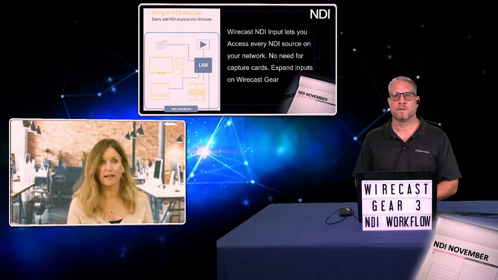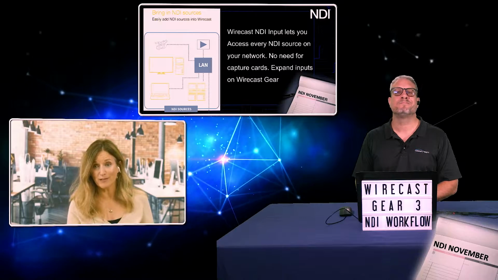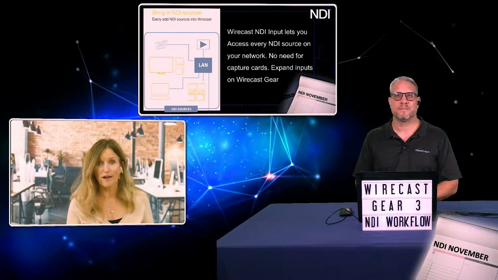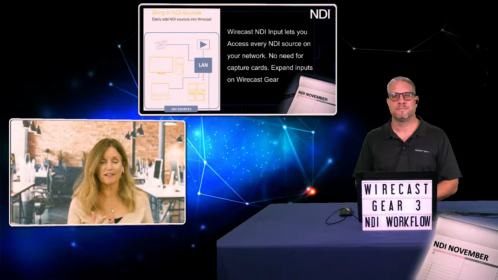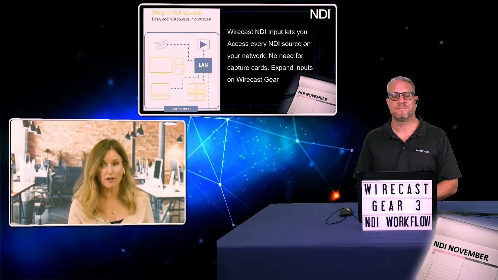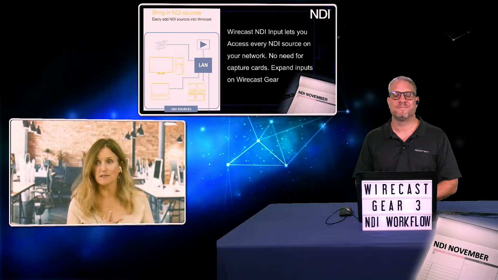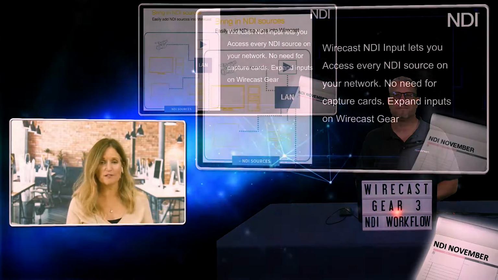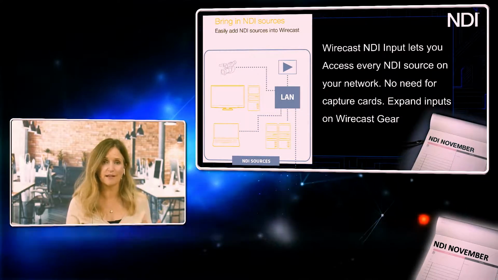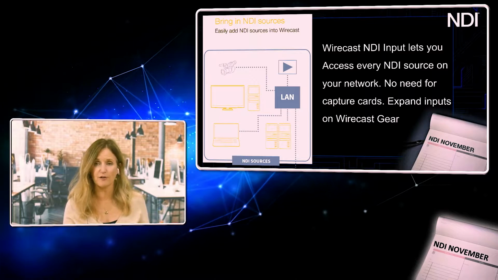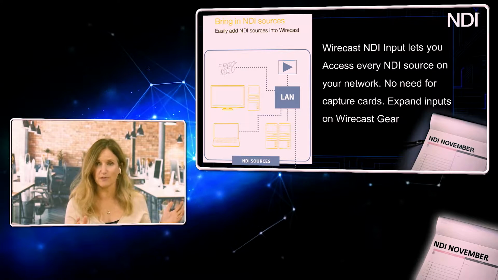Whereas if you're bringing in NDI HX, for example, that may only take 4 megabits per second. But it's going to take a lot more CPU processing to be able to bring that in and decode it. So depending on your system, you may be fine with 6 NDI full streams, but then fall over with 7 because of bandwidth restrictions.